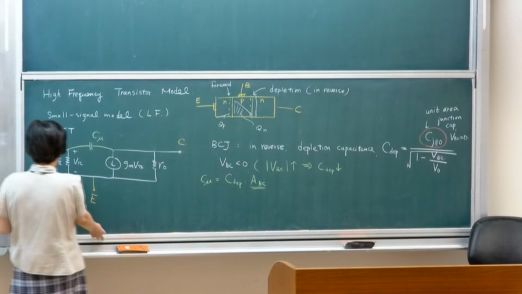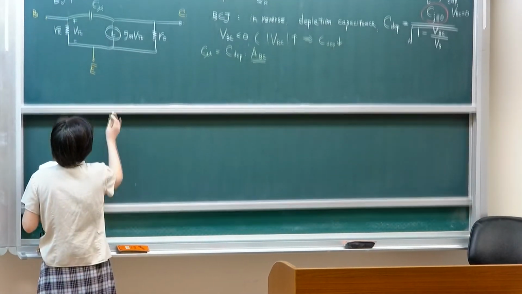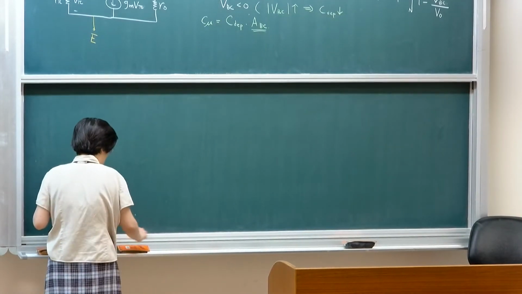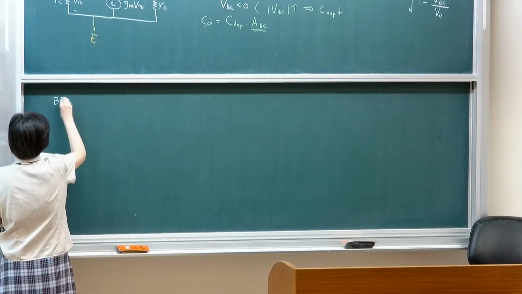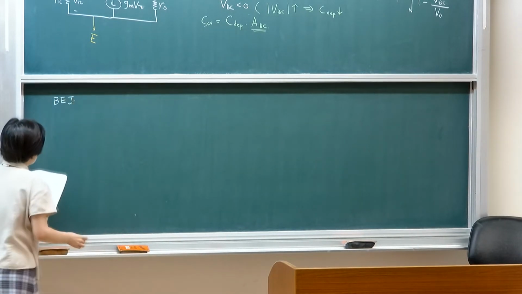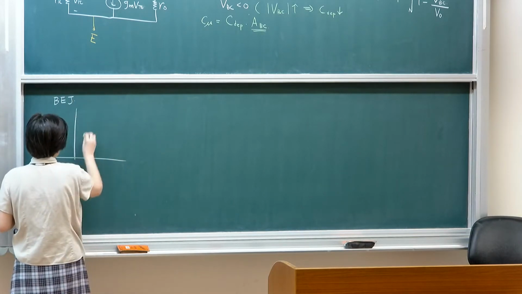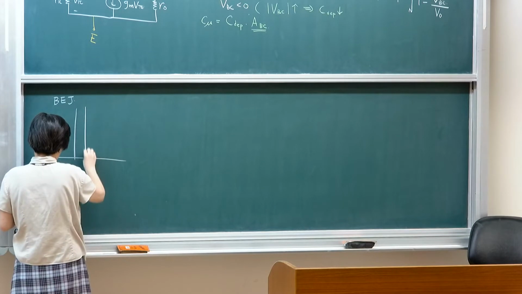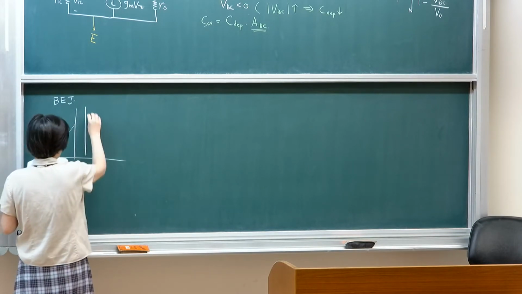And then the other capacitance is between, let's look at the BE junction. So in the BE junction, it's more complicated. I would then still have depletion.